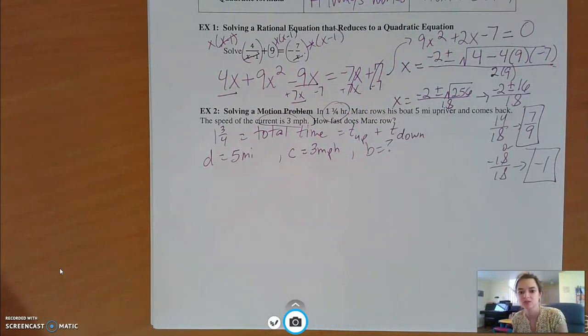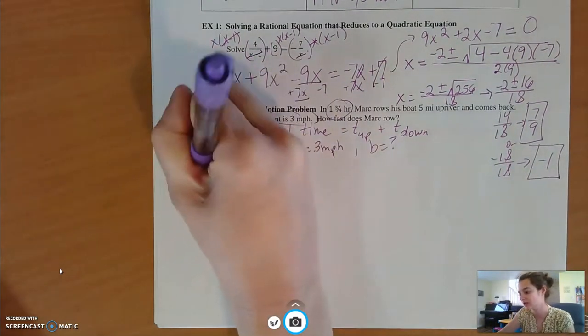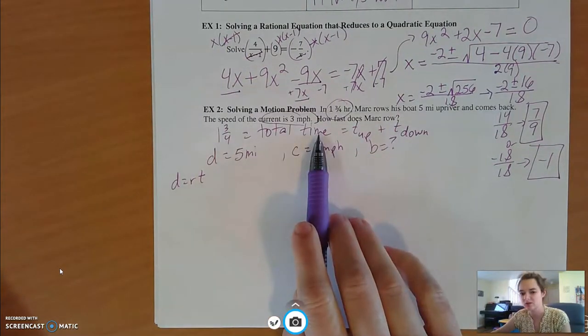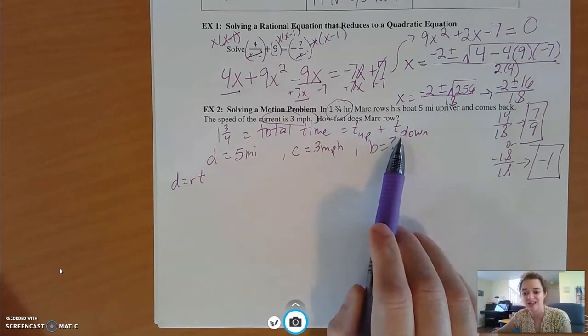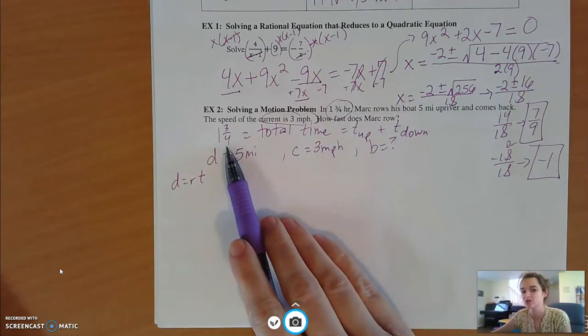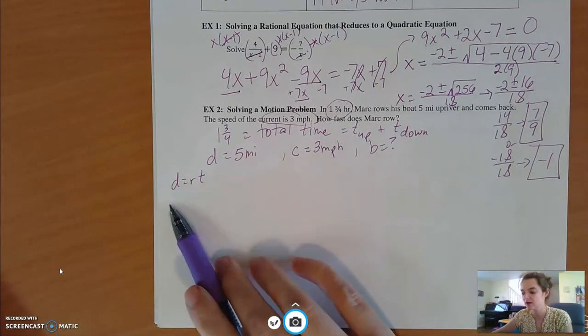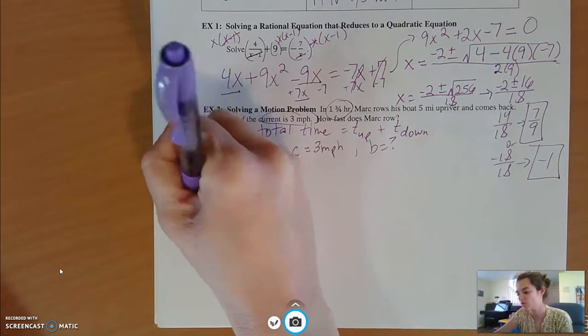Okay. So in general, our overall equation that we're going to be using for this is distance equals rate times time. But if you notice with this whole total time equation, I need to solve for t so that I can get back into that and actually use that 1 3/4. So solve this equation for t. I'm going to divide by r and say that t equals d over r.